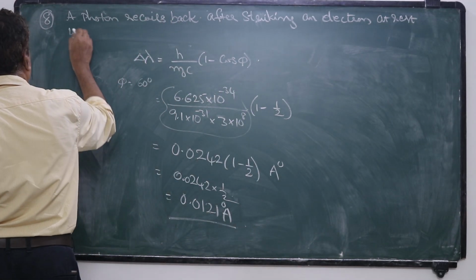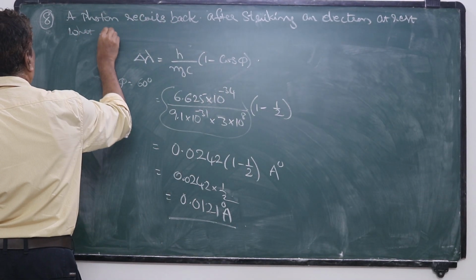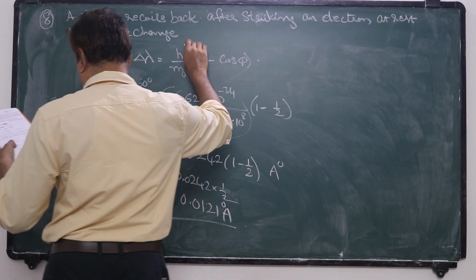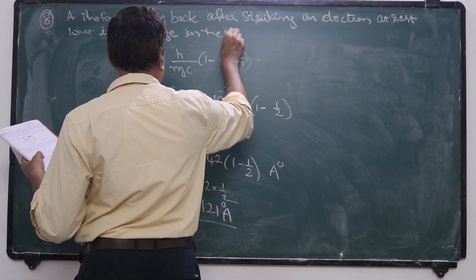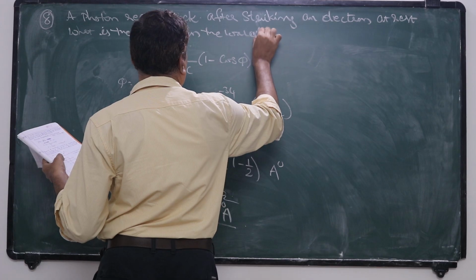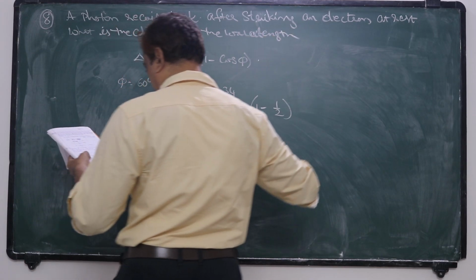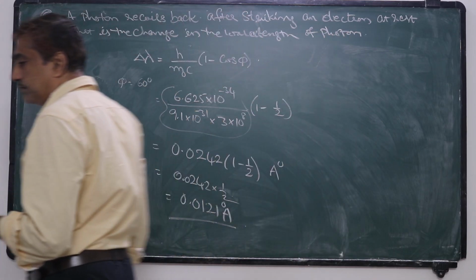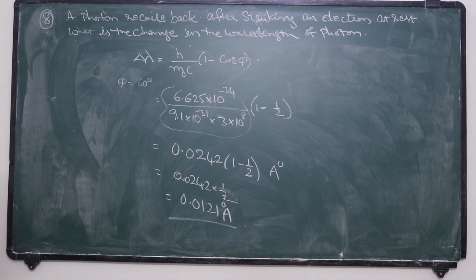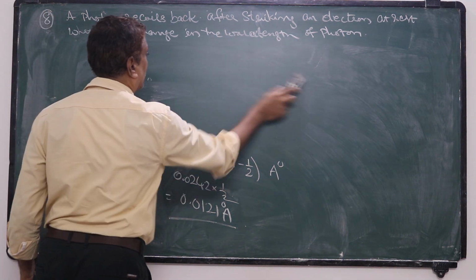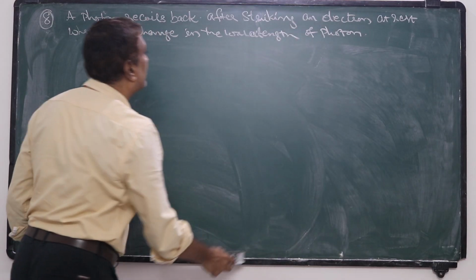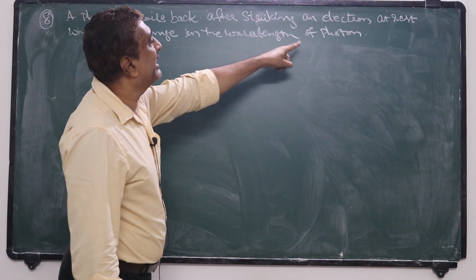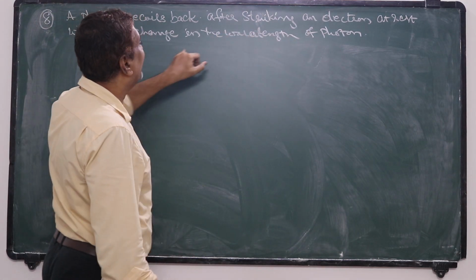What is the change in the wavelength of photon? A photon recoils back after striking an electron at rest. What is the change in the wavelength of photon?